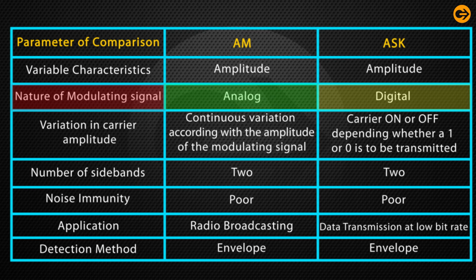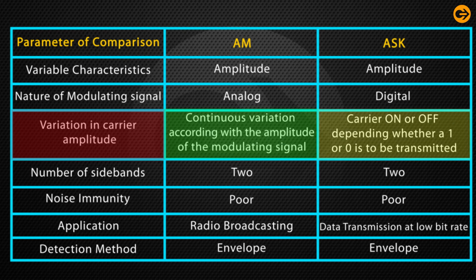In AM, the carrier amplitude varies continuously according to the amplitude of the modulating signal. But ASK is a digital modulation, so the carrier is on or off depending on whether 1 or 0 is to be transmitted in the message signal.